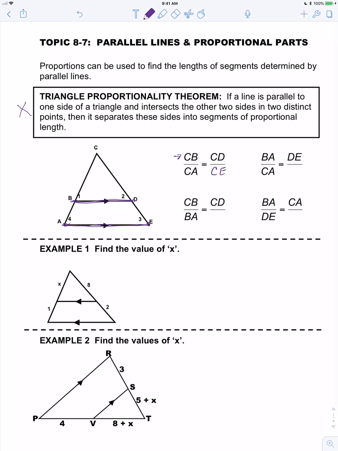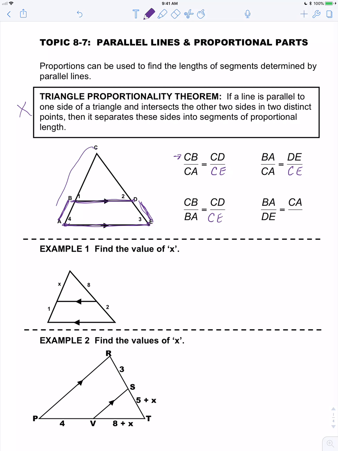So BA, B to A is proportional to C to A. So then D to E is proportional to C to E. C to B is proportional to B to A. So C to D is proportional to C to E. So hopefully you can sort of see these fairly easy. BA is proportional to DE.